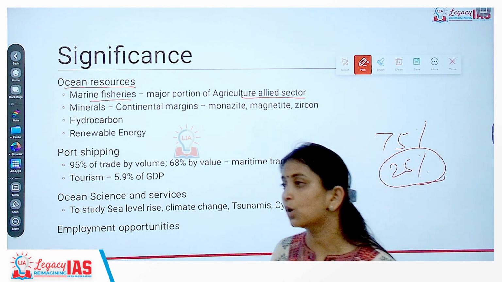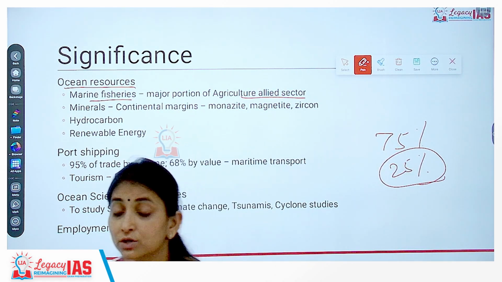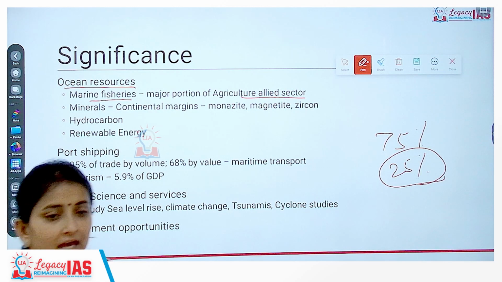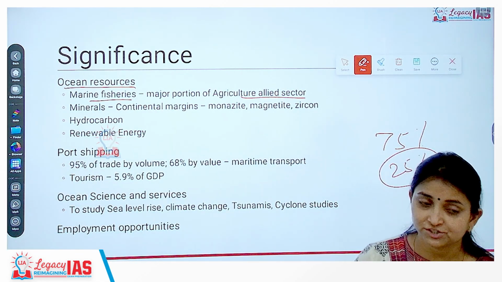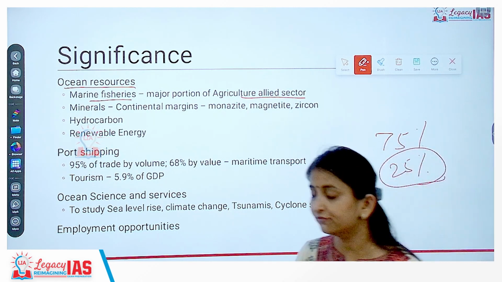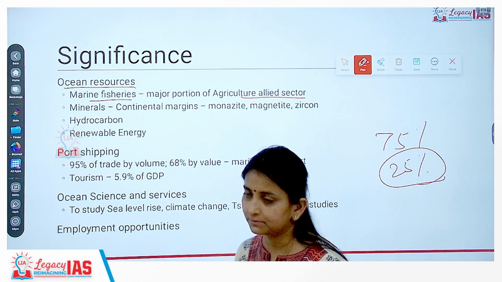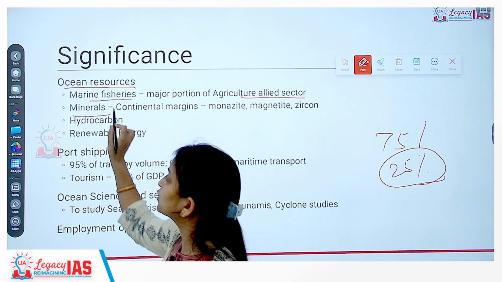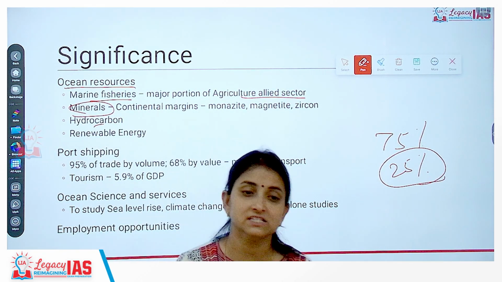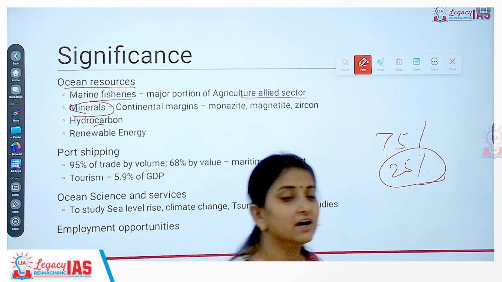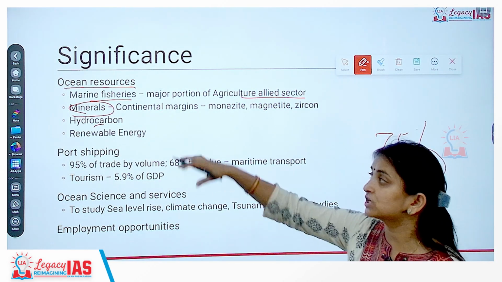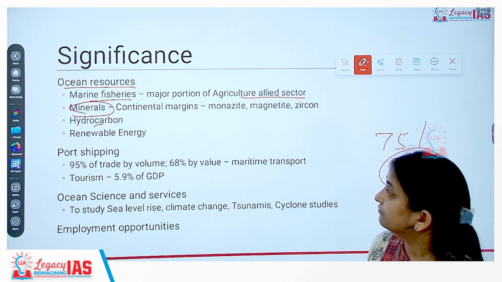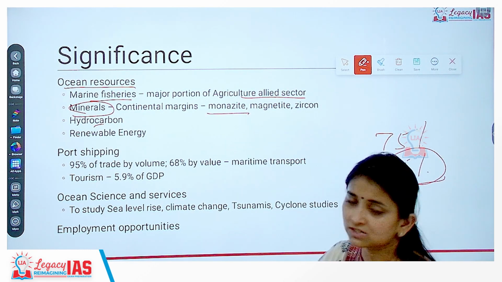Plus, India is also one of the largest exporters of shrimps in the world. Largest exporter, that means our contribution in marine fisheries in the export for the world is also very significant. Okay, plus ocean resources also contain minerals. So, we do have rare earth minerals, polymetallic nodules, polymetallic sulfides, which are all part of ocean resources. We do have monazite in the sands of Kerala.